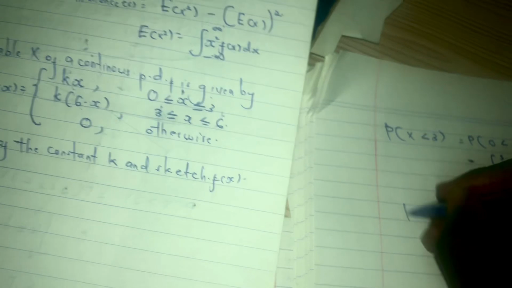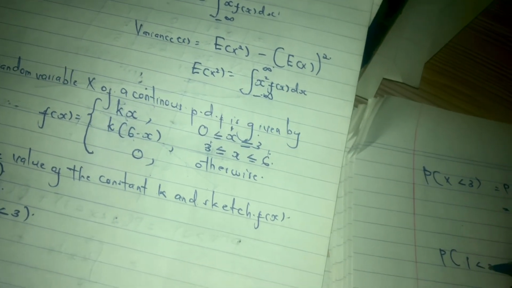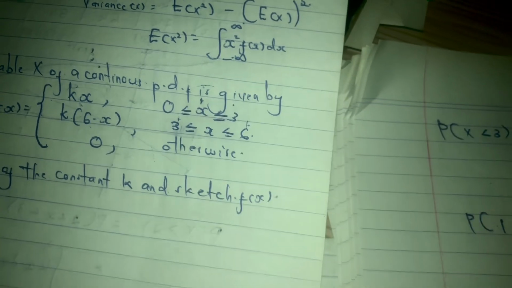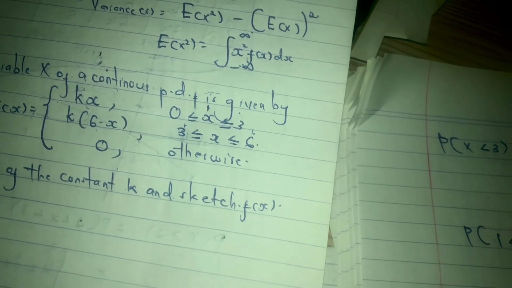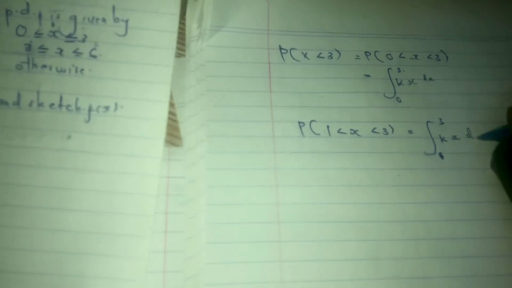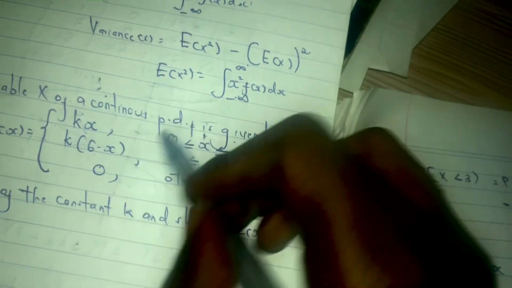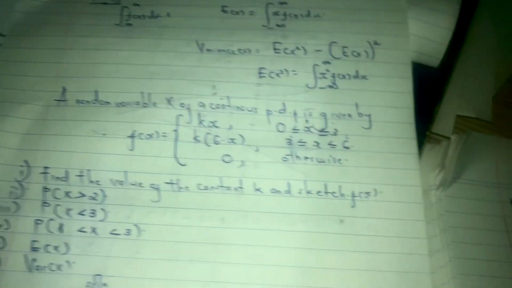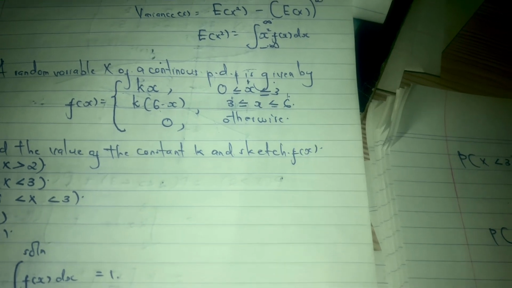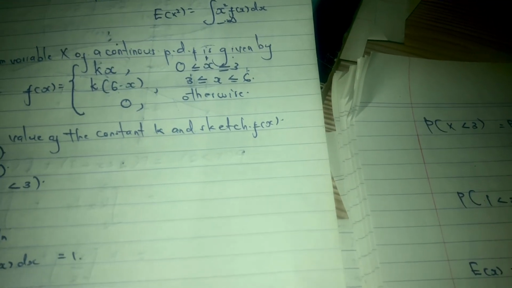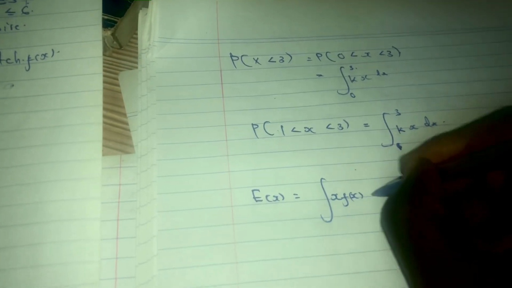If they give you probability of x from 1 to 3, it also lies between this range. That means we shall integrate from 1 to 3 when we are integrating kx dx, because it's within this first interval. Then when they tell us expectation, we shall integrate x f of x dx.